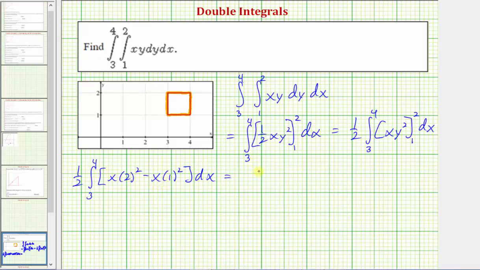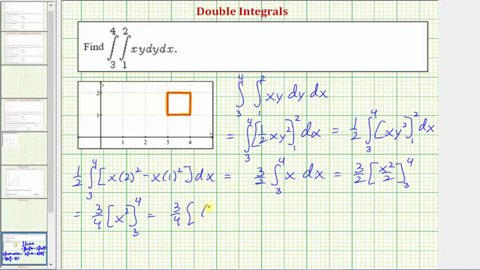Let's go ahead and factor out the 3. So we have 3/2 times the integral from 3 to 4 of just x. And now when we integrate with respect to x, we have 3/2 times x squared divided by 2. Again, let's go ahead and factor out 1/2. So we have 3/4 times x squared, which we evaluate at 4 and then 3, and then find the difference.